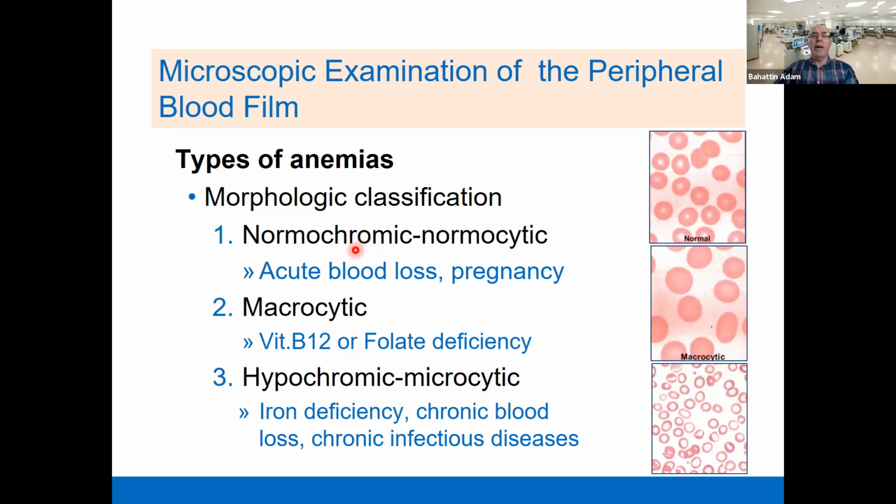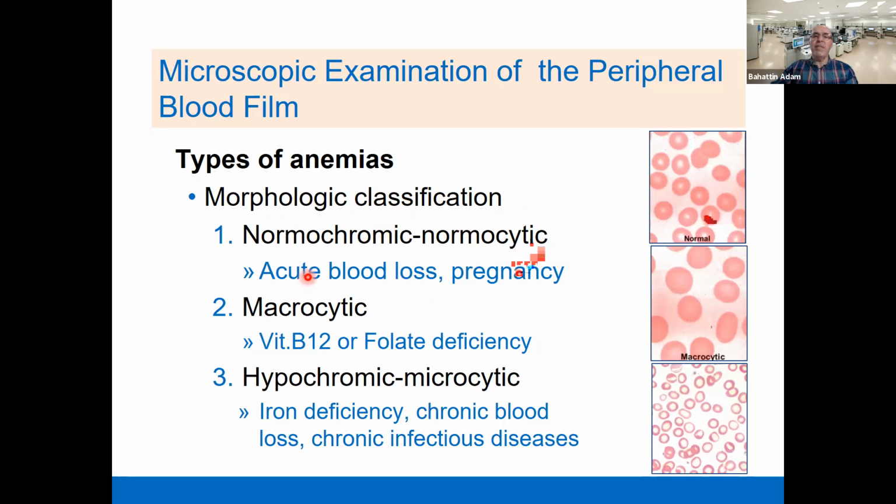And normocytic means it's in normal size. So normal coloration and normal size is normochromic, normocytic, as we see in these first pictures.